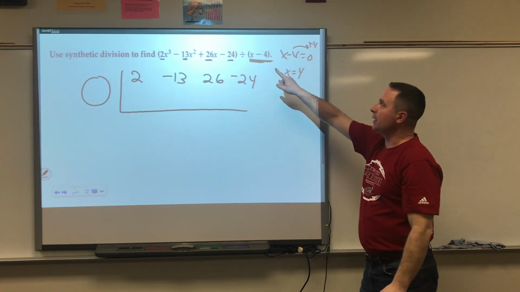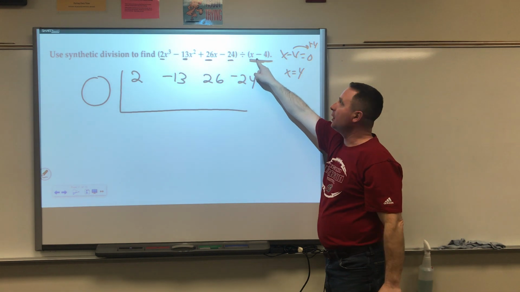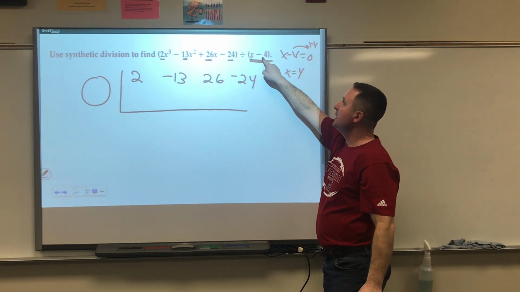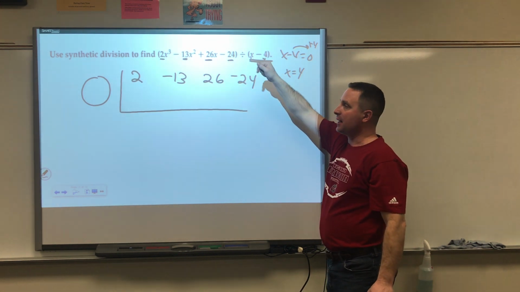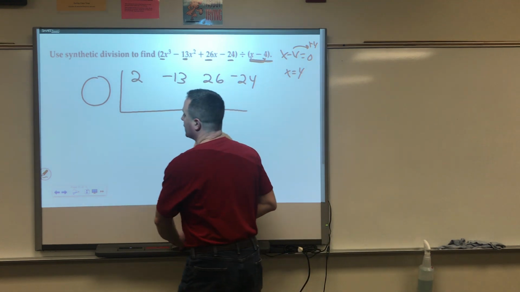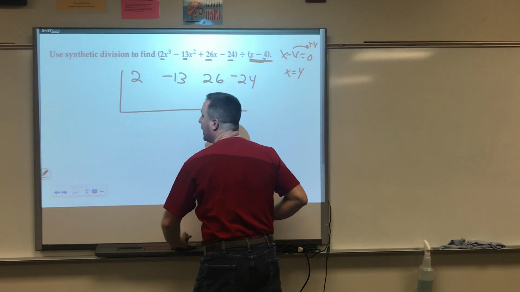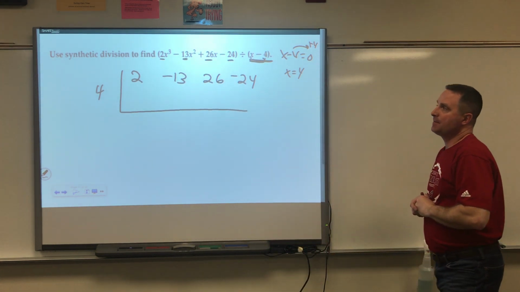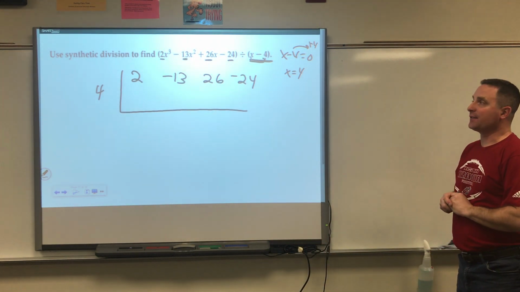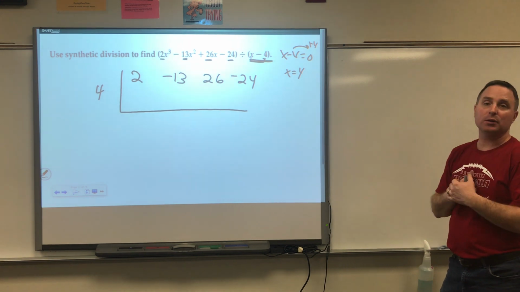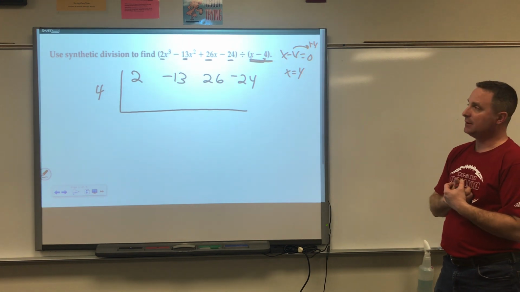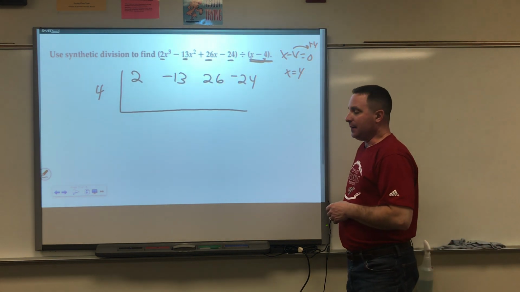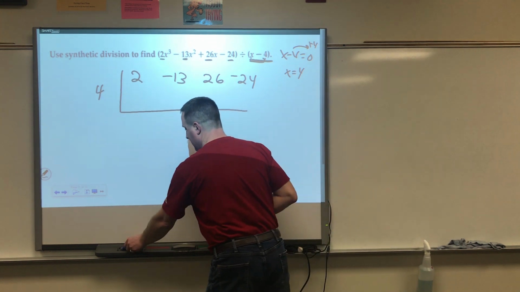To make a long story short, when it's just a binomial with no number in front of x, it's the opposite of that number that goes out front. So there's going to be a positive 4 out in front. That's the setup for synthetic division. We're going to use it a lot as the chapter rolls on.